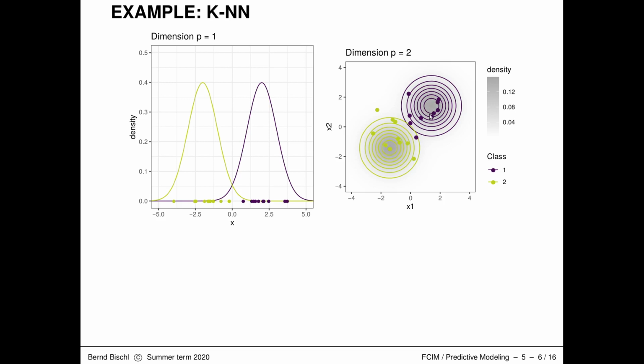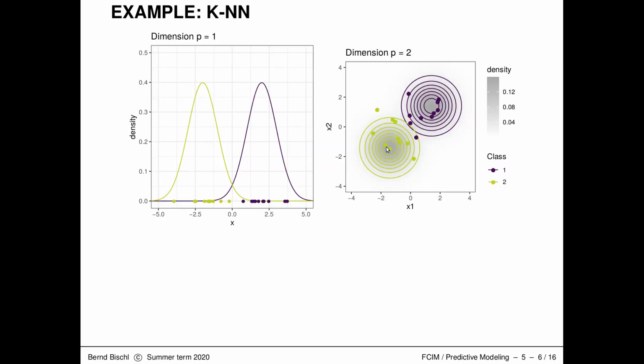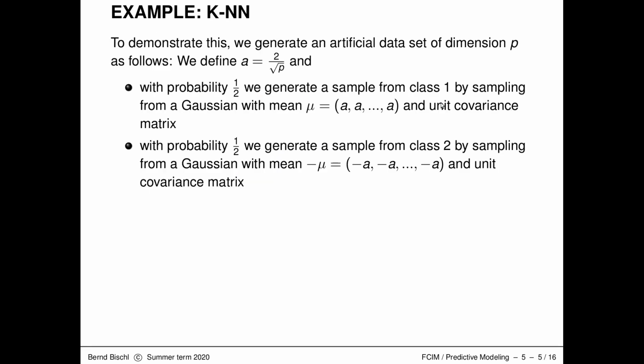And around these two center points, I'm now sampling from a simple Gaussian distribution with probability 50% from this one and probability 50% from that one. And I'm using a very, very simple unit covariance structure for my multivariate Gaussian.